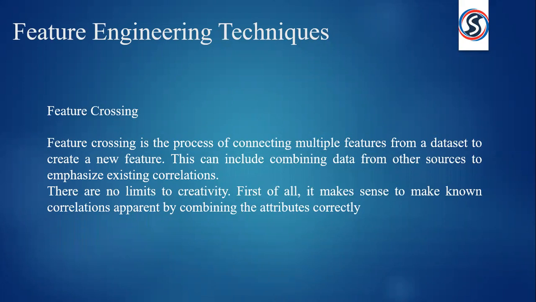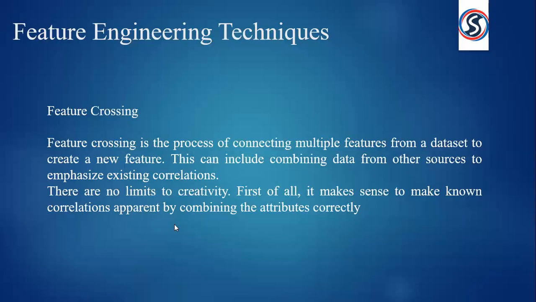So you should just know about this particular technique. It is a process of connecting multiple features from a data set to create a new feature. This can include combining the data from other sources to emphasize the existing correlation.